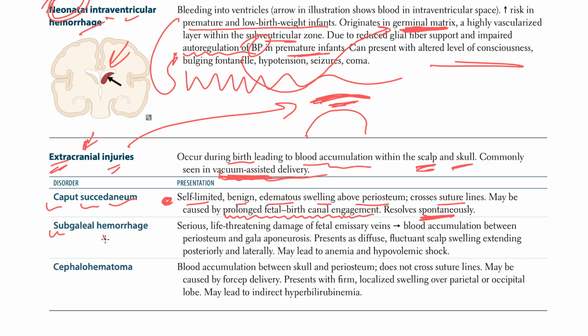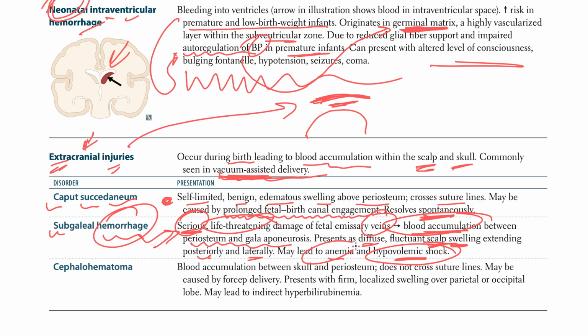Subgaleal hemorrhage is serious because it's a hemorrhage now. It's a life-threatening damage to the fetal emissary veins, leads to blood accumulation between the periosteum and the galea aponeurotica, presents with diffuse fluctuant scalp swelling, extending posteriorly and laterally, may lead to anemia and hypovolemic shock. Because a lot of blood accumulates, it can lead to hypovolemic shock and anemia.